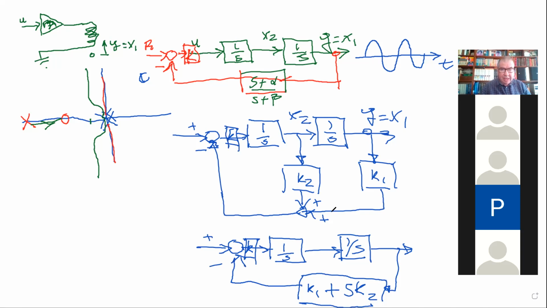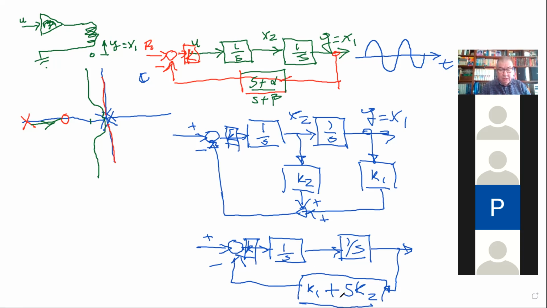This is just for mathematical purposes, so it's not real. If you implement it, you use the upper diagram first. But if you want to compute the closed loop transfer function, you can do this trick.